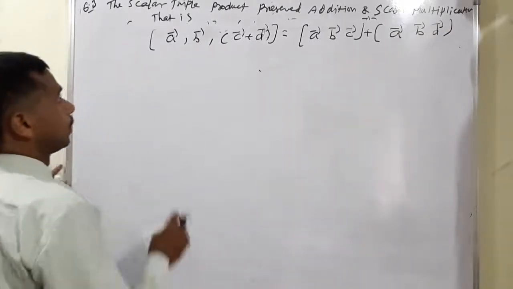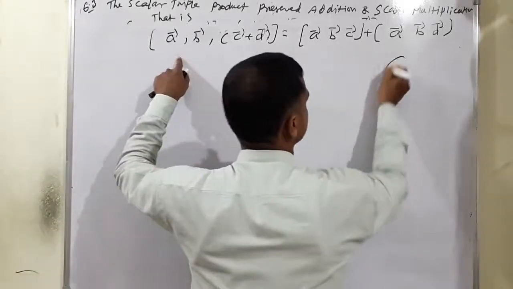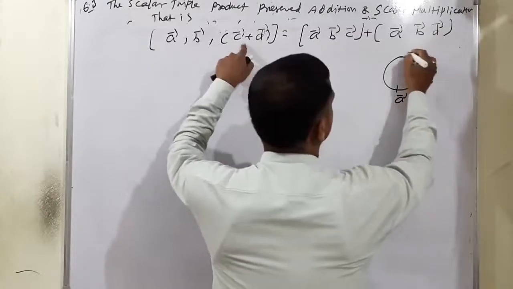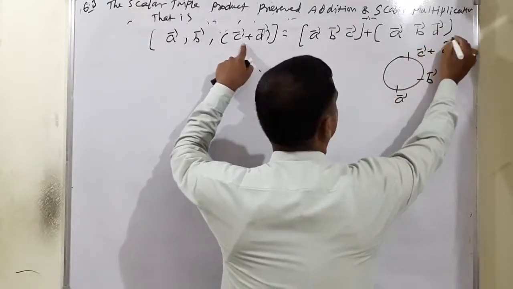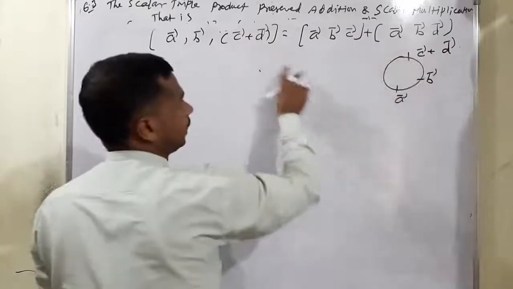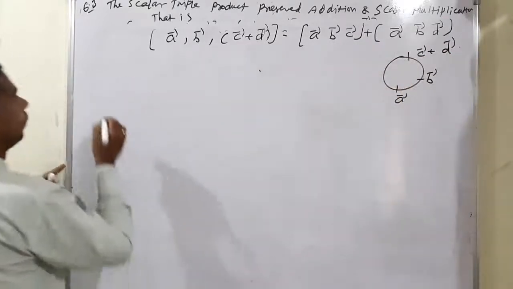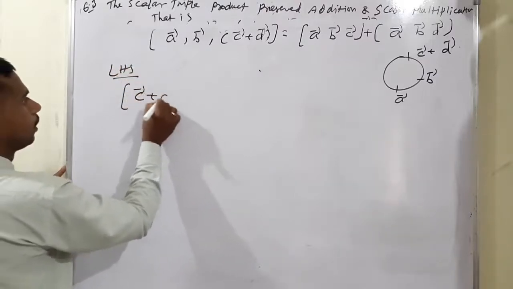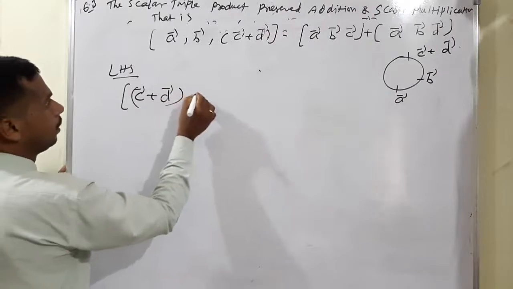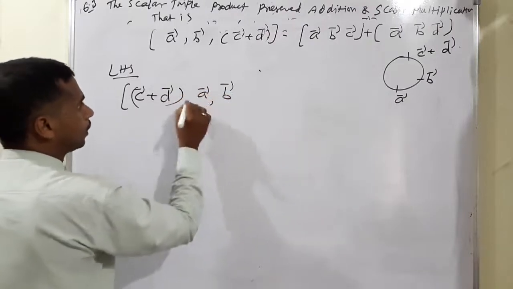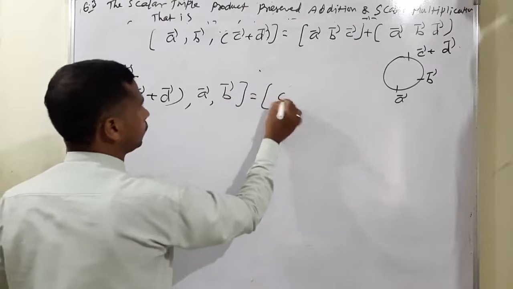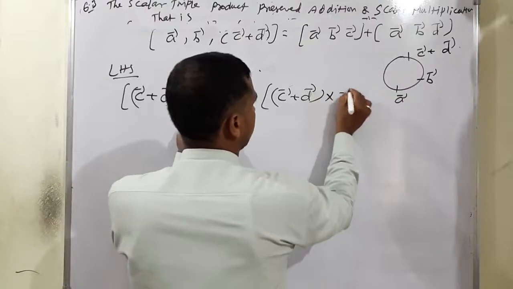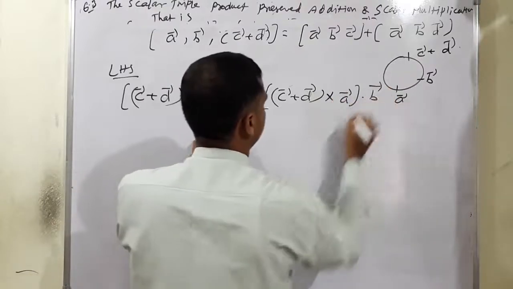The same concept: first we interchange according to the circle, starting A vector, then B vector, then C vector plus D vector. Counterclockwise, starting with C vector plus D vector, then A, B. Therefore, this is LHS: C vector plus D vector, then A vector and B vector, is equal to (C vector plus D vector) cross A vector dot B vector.